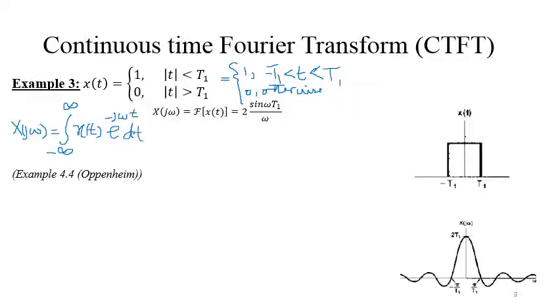Based on the given condition, this signal is 1 in the range from -t1 up to t1, so I just write 1 times e to the power minus j omega t dt.